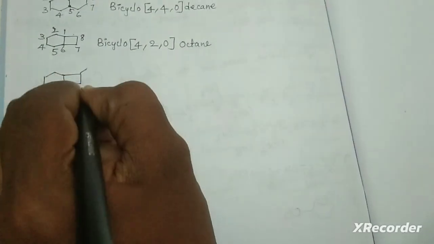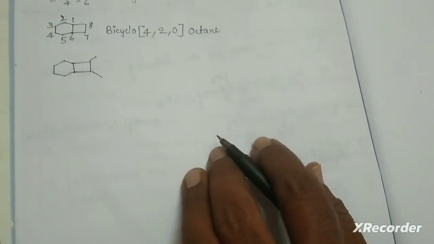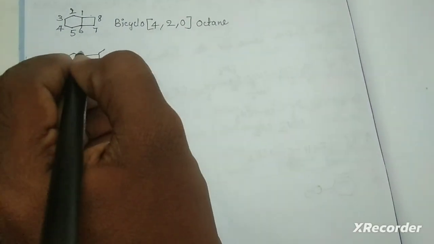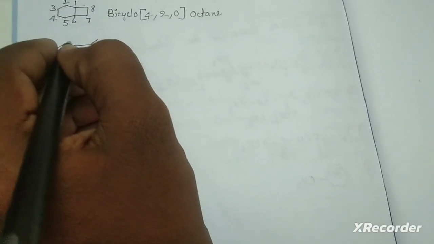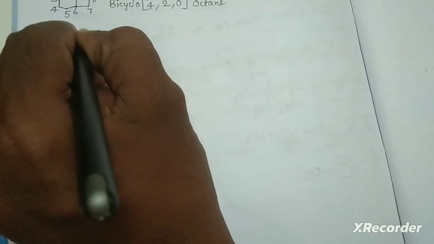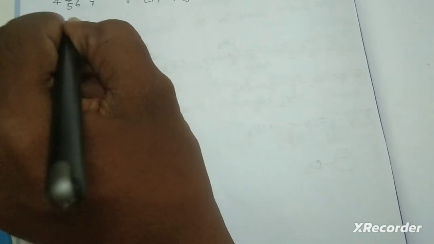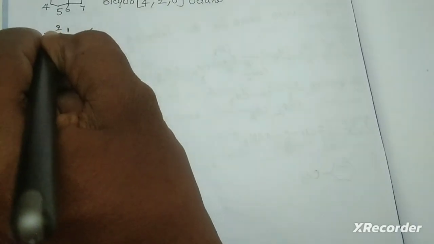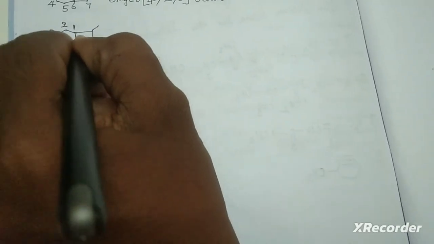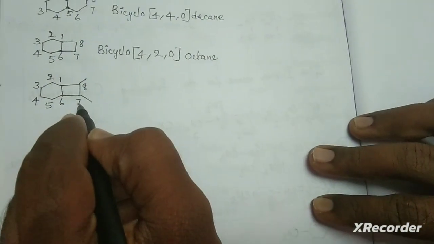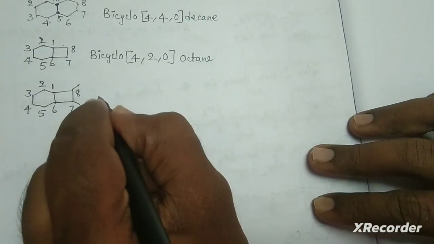if a substitution is present on any cycle, you should give the priority to the bigger cycle only. Even if a substitution, a double bond or a functional group is present, there is no problem. You have to give the numbering from the bridge and continue with the bigger ring, 1 2 3 4 5 6 7 8. When you are giving the name, at carbon 7 you have the methyl group, and at carbon 8 you have the methyl group.